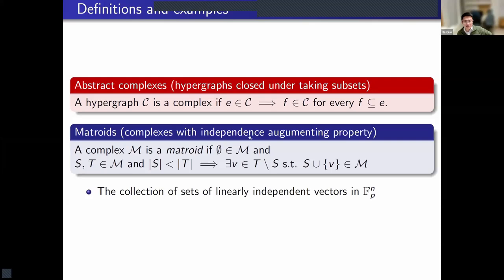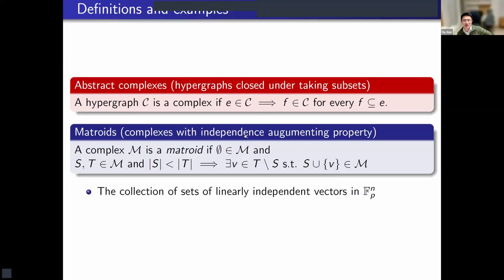And the independence augmenting property is that if you have two sets of linearly independent vectors, S and T, then there must exist some vector in the larger set, which is not in the smaller set, such that the union of them is still linearly independent.